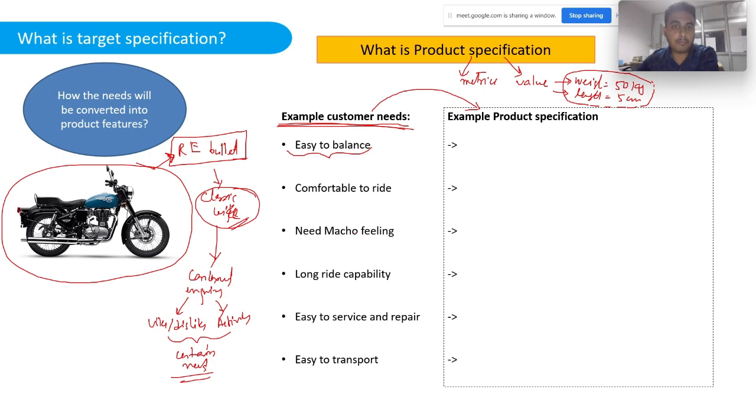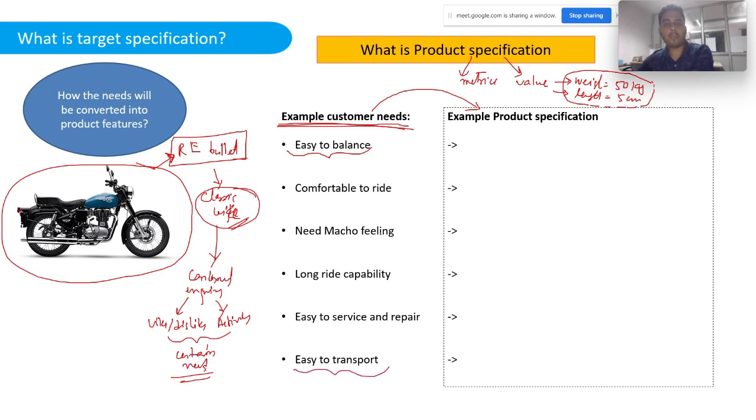Then a need for a macho feeling; that's why you want a classic bike in this new era. Then there's long ride capability, because most users use these classic heavy bikes for long rides, probably to go to Leh Ladakh. And it should be easy to service and repair, and easy to transport.